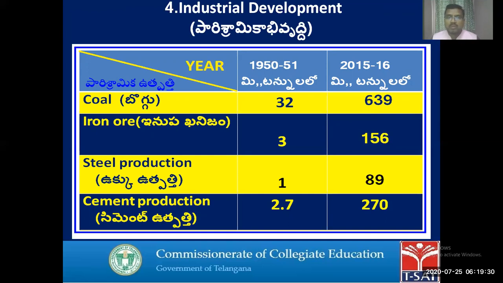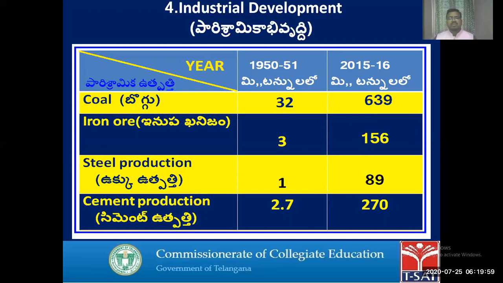Iron ore, just 3 million tons in 1950-51, increased to 156 million tons by 2015-16. Steel production increased from 1 million ton to 89 million tons, and cement production increased from 2.7 million tons to 270 million tons in 2015-16.